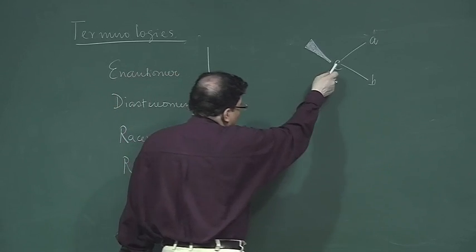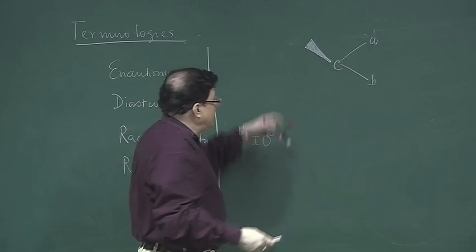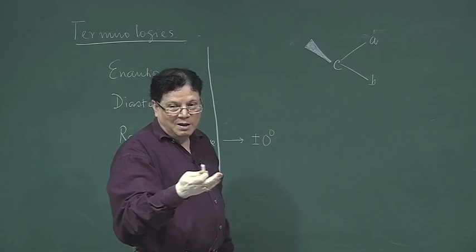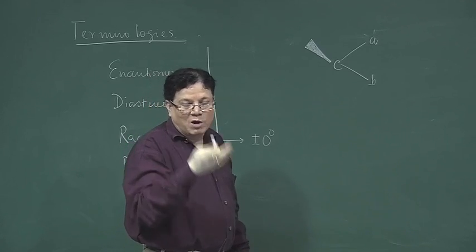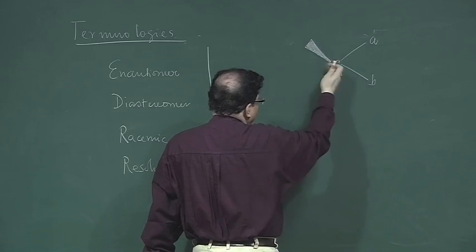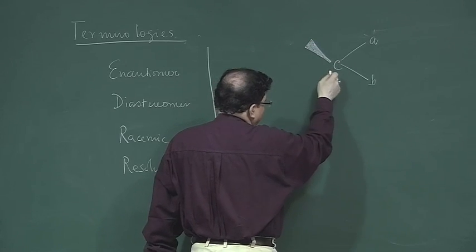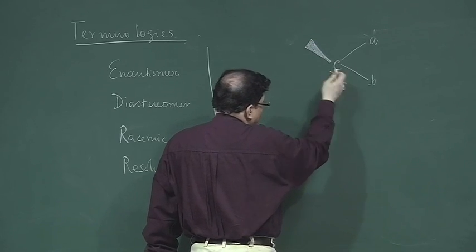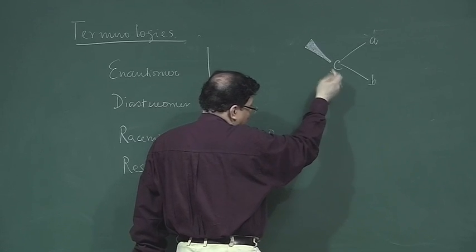That means, as you go away from the carbon, the substituent is moving more and more above the plane. So, this means the bond is above the plane of this board, and the other bond will now be below the plane of this board.